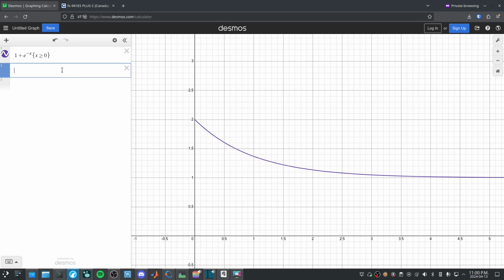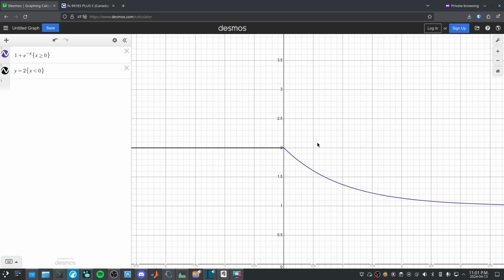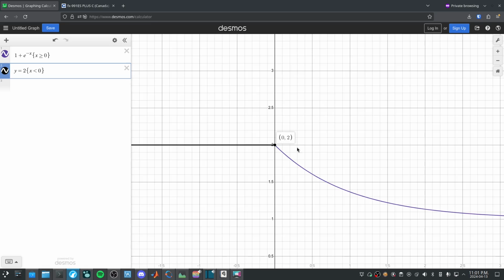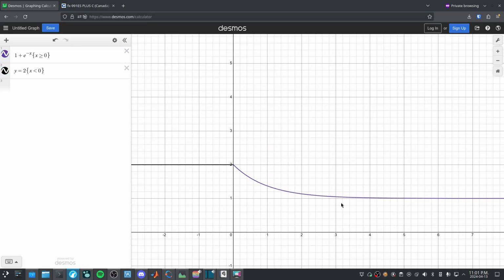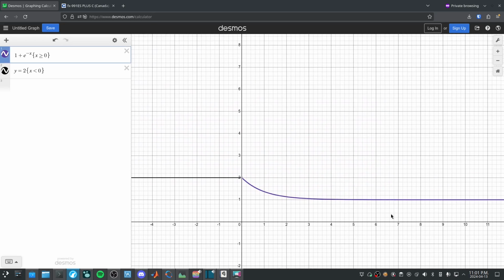Before that, it's just going to be like this, for x less than 0. So this is our graph, right? It's going to be steady state like this at 2. And then the moment we flip the switch, it's going to travel back down to 1 and stabilize there at the new steady state.